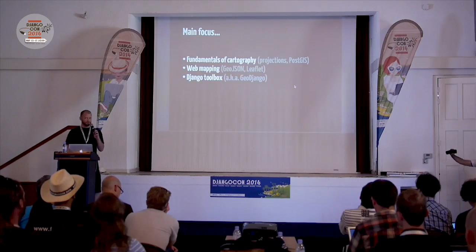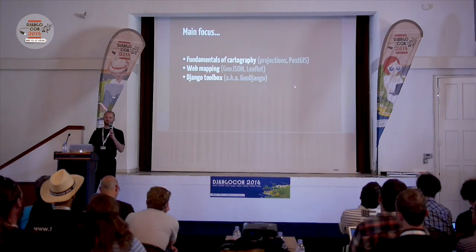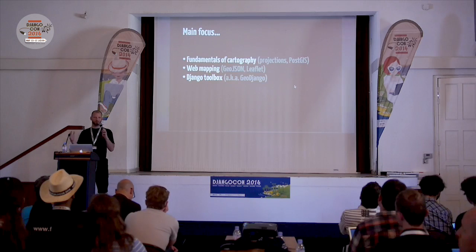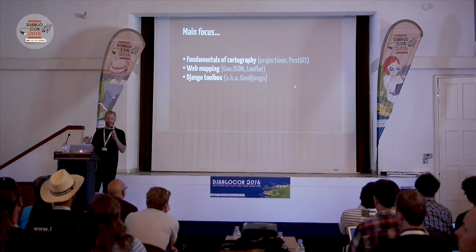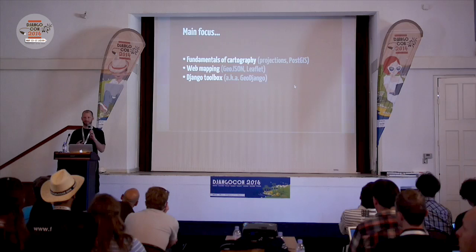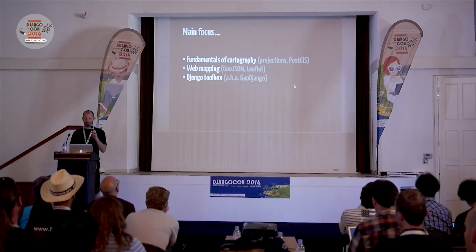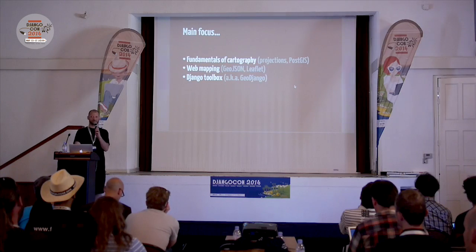I'll start with the fundamentals of cartography, just to make sure we gather everyone on the same level of knowledge. It might be very obvious and straightforward for most of you, but it's good to come back on those main concepts.